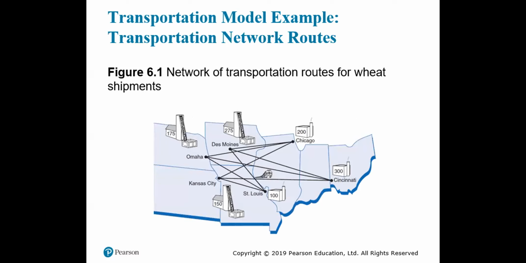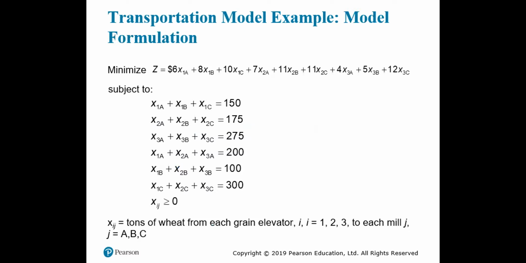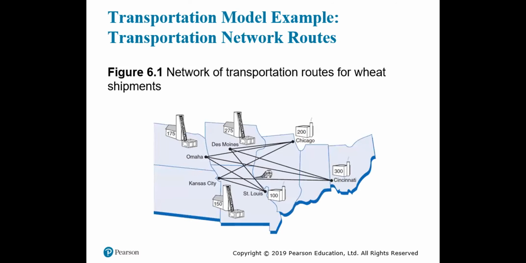So we have a situation where we are transporting the goods from these 3 source points, and then we move them to the destination points: Chicago, Cincinnati, and St. Louis.